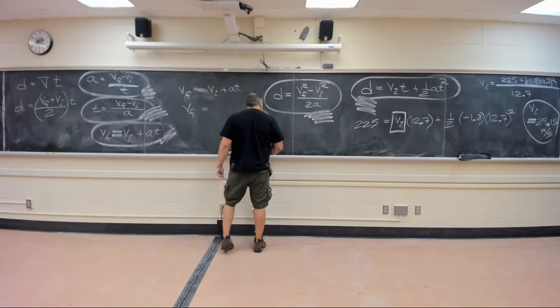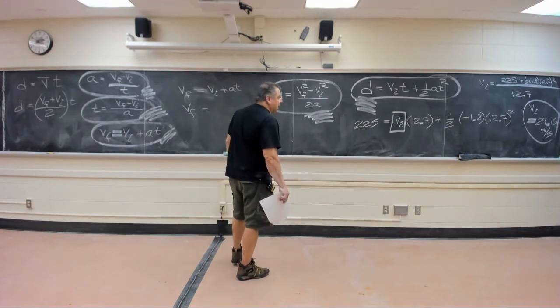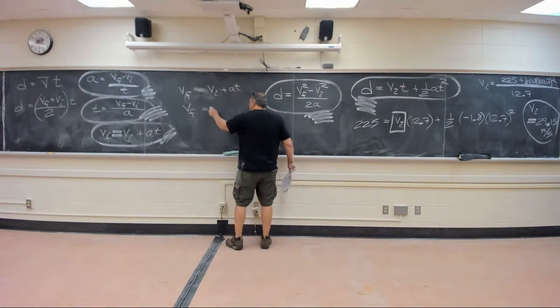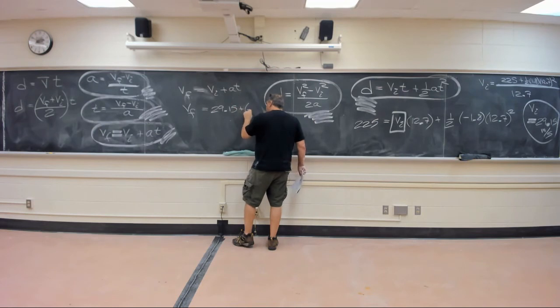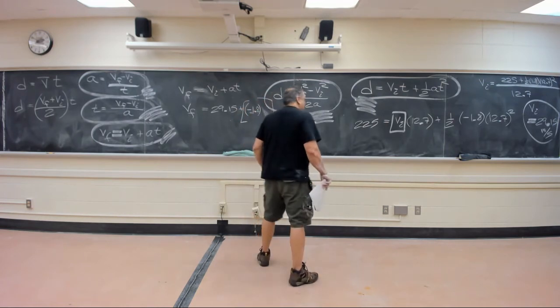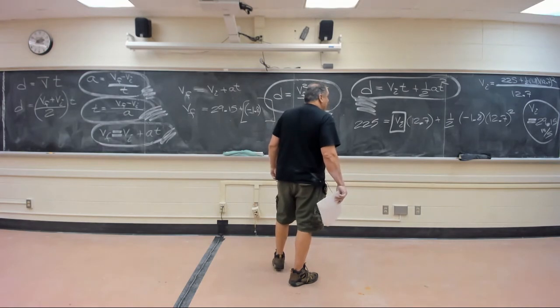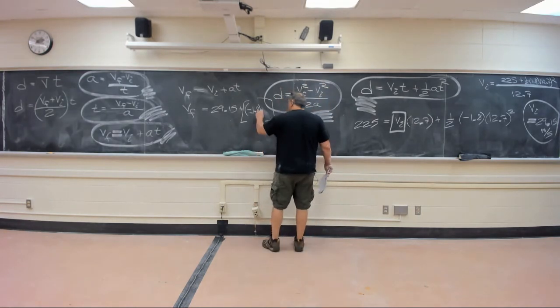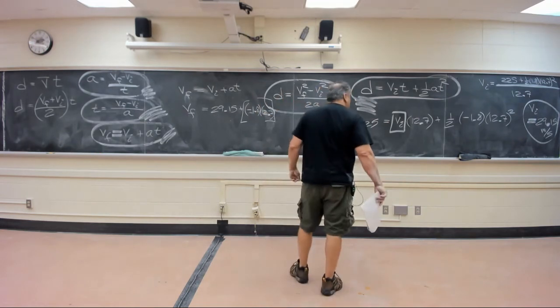How'd they get that? Well, we got 29.15 right here. That's VI. Acceleration is negative 1.8 times 12.7.